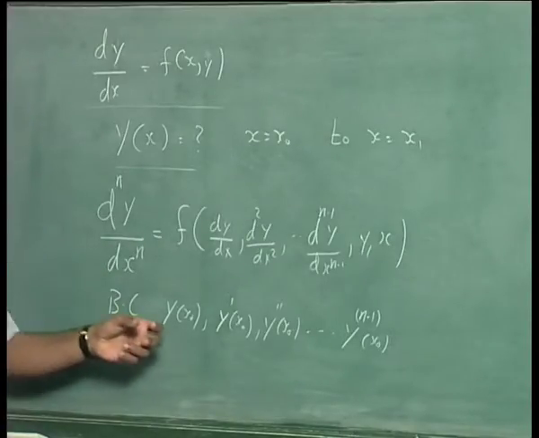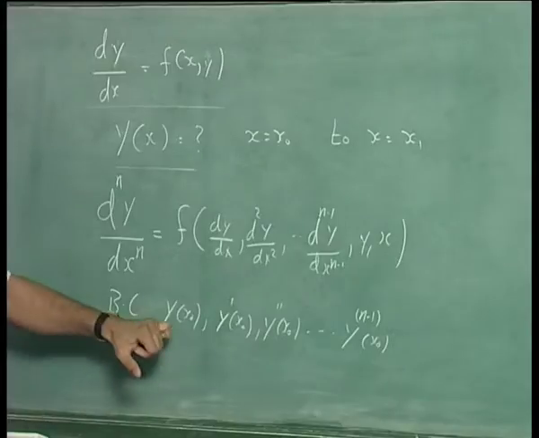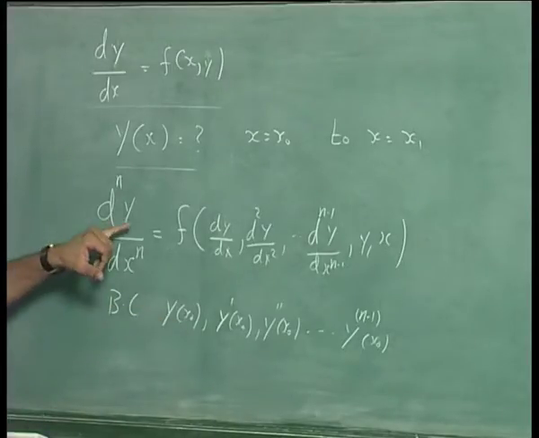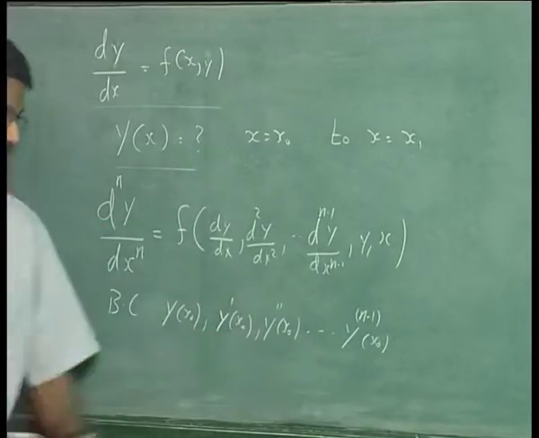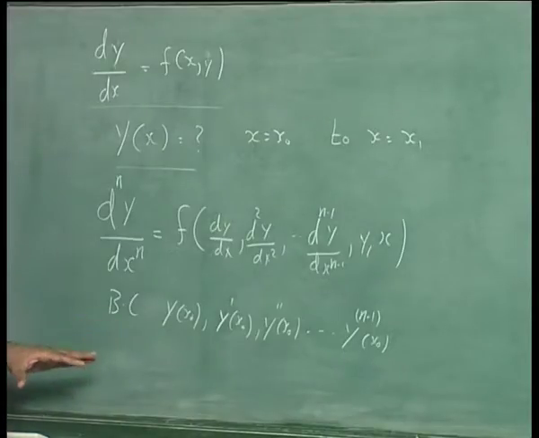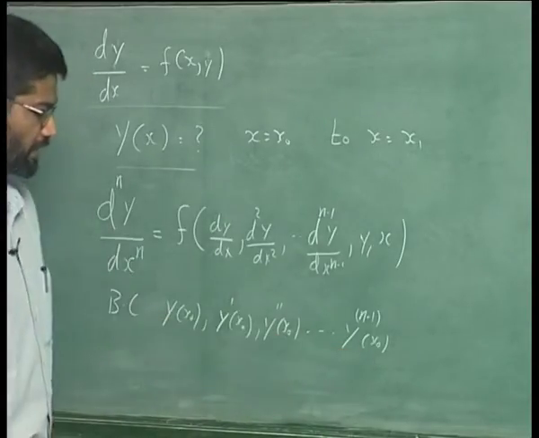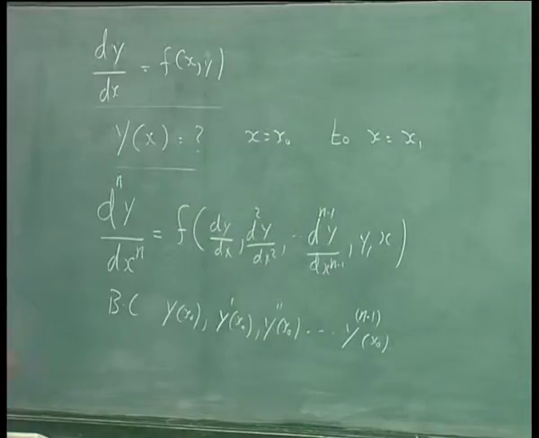So this has to be specified to solve this equation as an initial value problem. We are starting from x0 to x1, so all the values of the function and its derivatives are specified at x equal to x0. There are n boundary conditions to give.